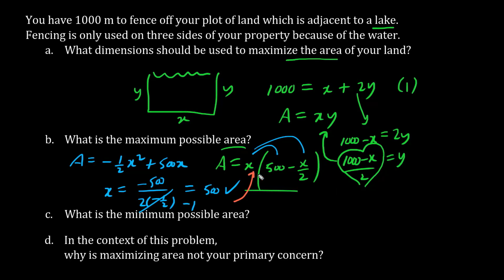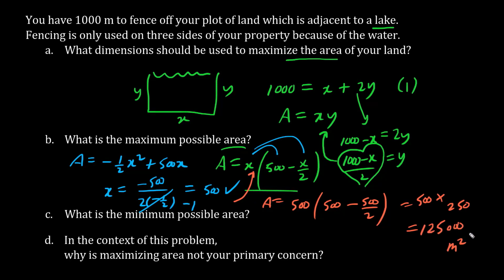And when x equals 500, the area is 500 times 500 minus 500 over 2. So we get 500 times 500 divided by 2 is 250. 500 minus 250 is 250. So the maximum area is 125,000 meters squared.